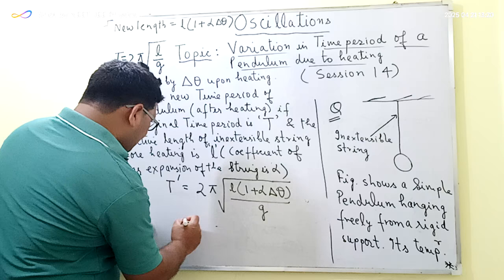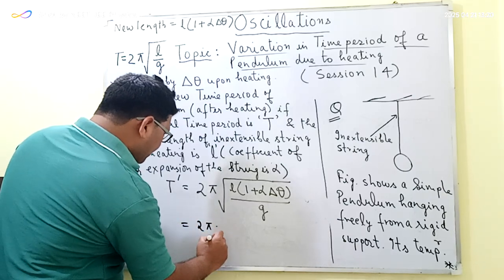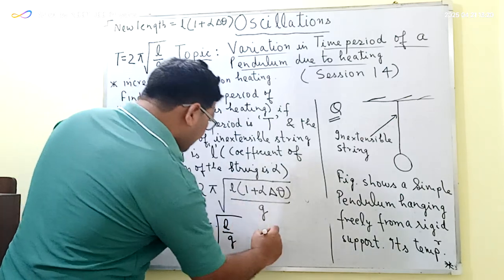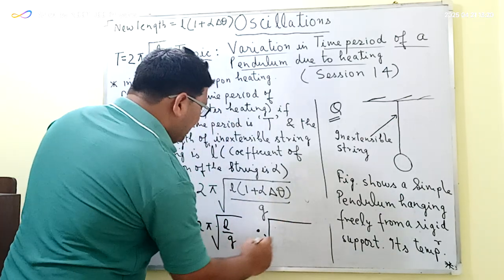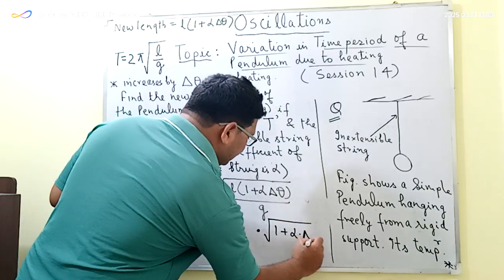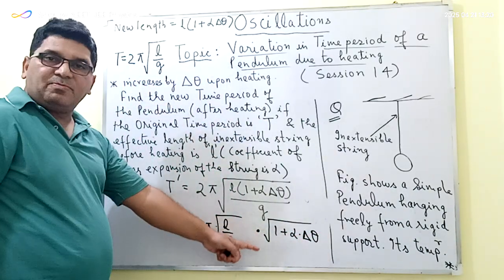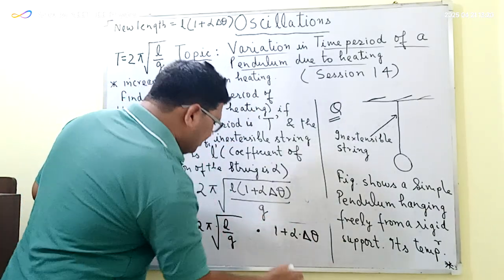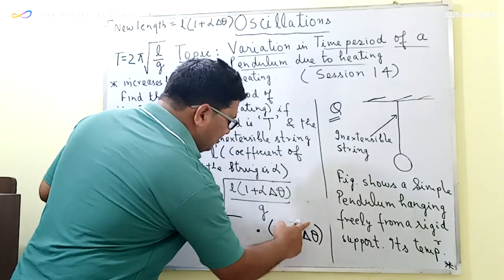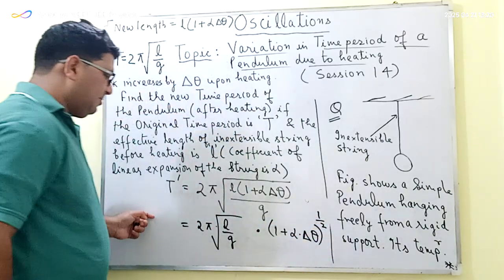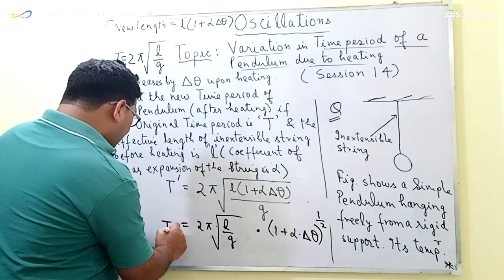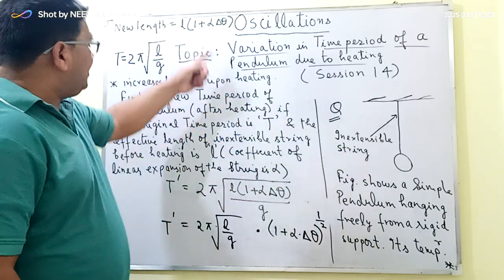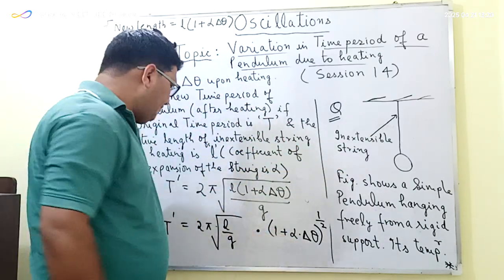Now this equation can further be written as 2 pi under root L upon g multiplied by under root 1 plus alpha into delta theta. Or I can simply write this as 1 plus alpha into delta theta to the power 1 by 2. So this is the new time period of this simple pendulum after heating when the temperature has increased by delta theta.